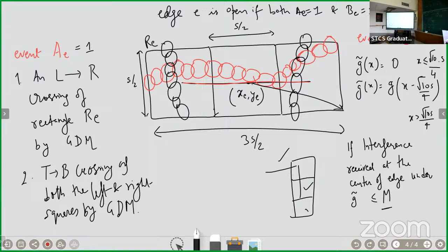Yes, and now the radius would depend upon this upper bound. So now tell me everything. First of all, why should I do it? You have to give me some picture argument first, that if the square lattice is percolating, so does my SINR graph.